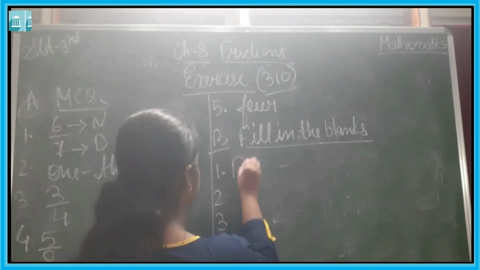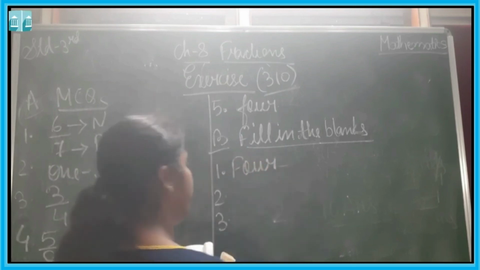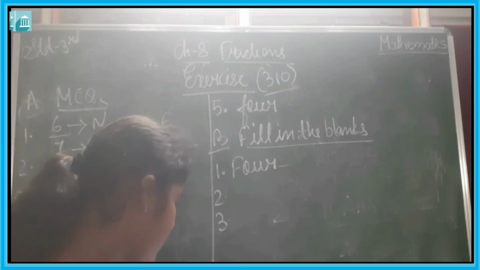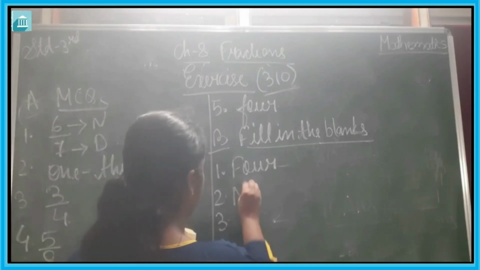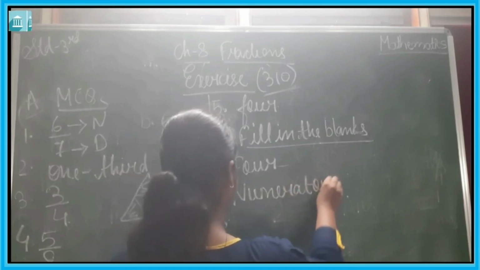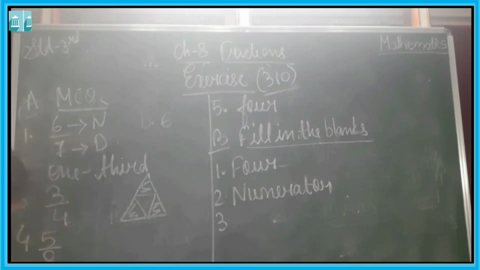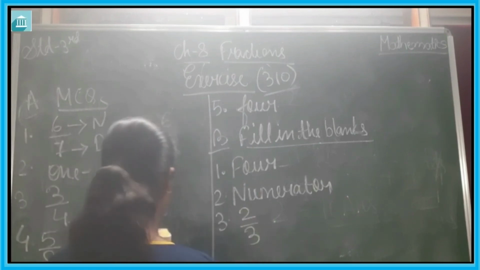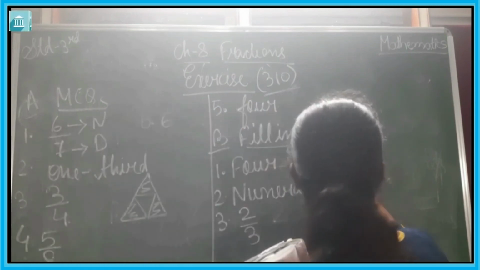We have done it just now. There are 4/4 in a whole. The next one, in the fraction 6/10, 6 is the numerator. The upper part is the numerator and the lower part is the denominator. The fraction of 2/3, how will we write? 2/3.